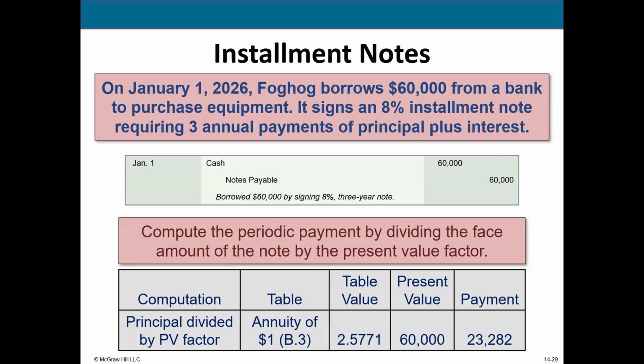So what we do is we go across the top of the chart, look for the 8% interest rate, and then along the side, we come down and find 3 years. In this case, it brings us to 2.5771 as a factor.